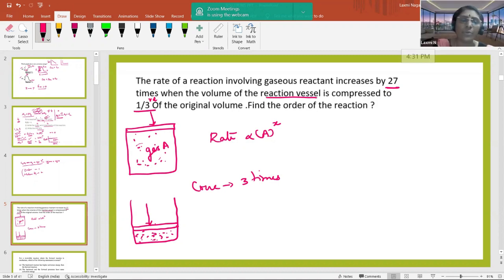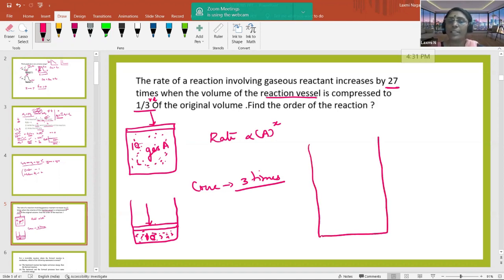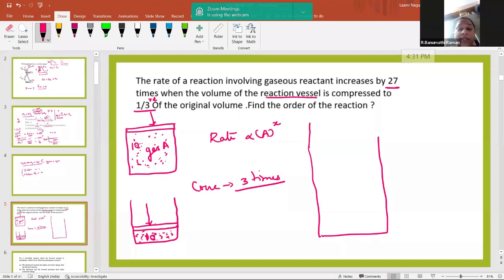It is as though 10 students were standing in this region, and now the same 10 are here. Here they are spread across a larger volume, and here they are concentrated in a small space. Obviously the concentration is more, because you find more reactants per unit volume. Suppose the vessel was allowed to expand, then the concentration decreases.